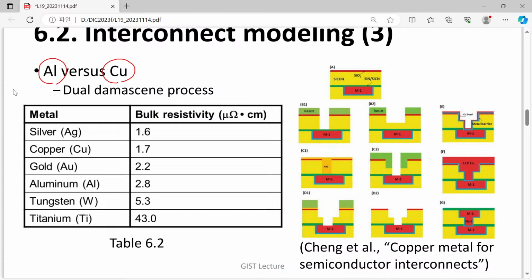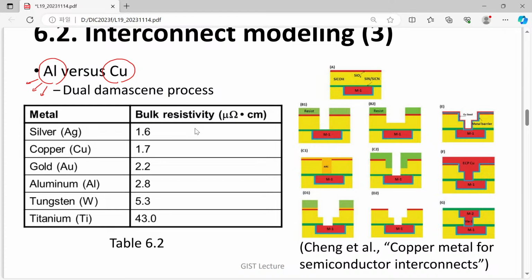Aluminum has many good properties. First of all, it is cheap and easy to handle, and it has a good relation with our silicon material. So previously, aluminum was used almost everywhere.